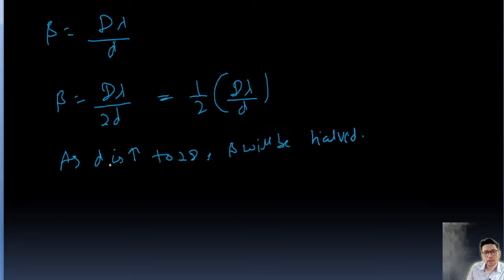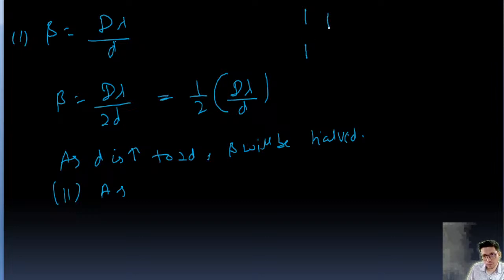The fringe width is half. This is the first case. Second, as for the slit width, this is the slit width, guys. Suppose this is the slit width.